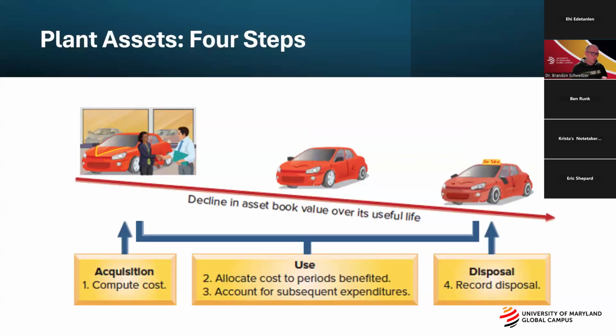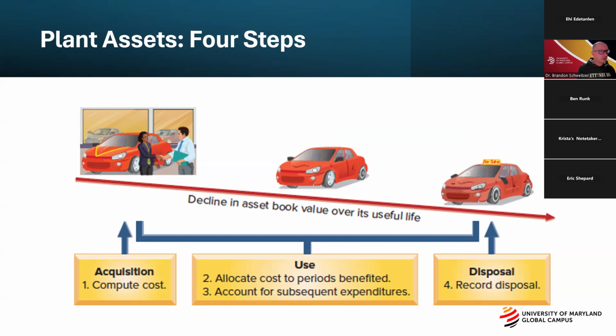So when it comes to these assets, there's a calculation that we use to determine the value of the asset over time. And we do this in 4 steps. The first thing we do is we compute the cost of the acquisition of the asset. And the cost of the acquisition of the asset is not just the purchase price.